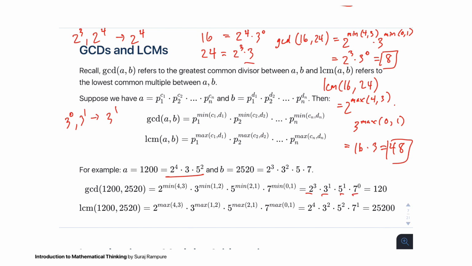And so we multiply those out and we get 120, which is the largest number that is a factor of both 1200 and 2520. Okay, similarly, to find the smallest number that is a multiple of both 1200 and 2520, we take the max of each of these exponents. Any questions with this?